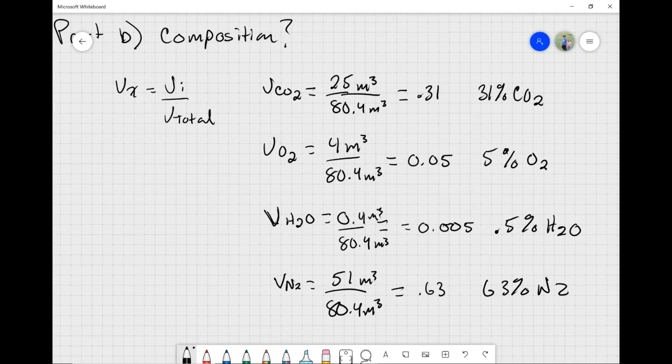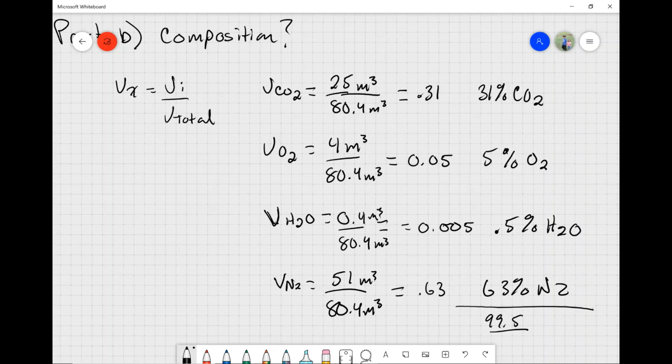And so to check this answer, this should all equal 100, or pretty close, rounding all that. I'm probably off by a little bit, obviously, but pretty close. So I got 99.5. Rounded wrong somewhere. So it should be pretty close to 100.